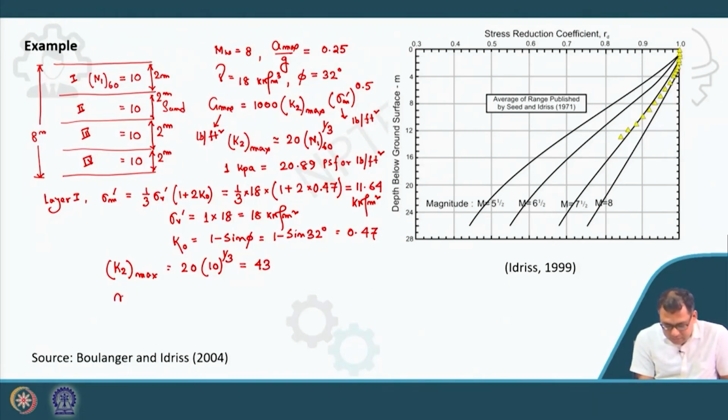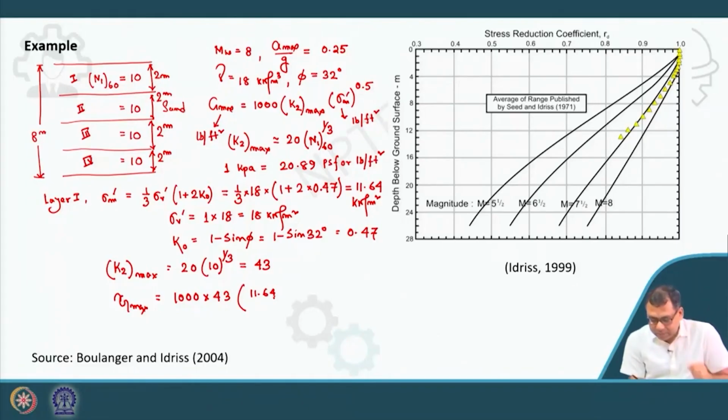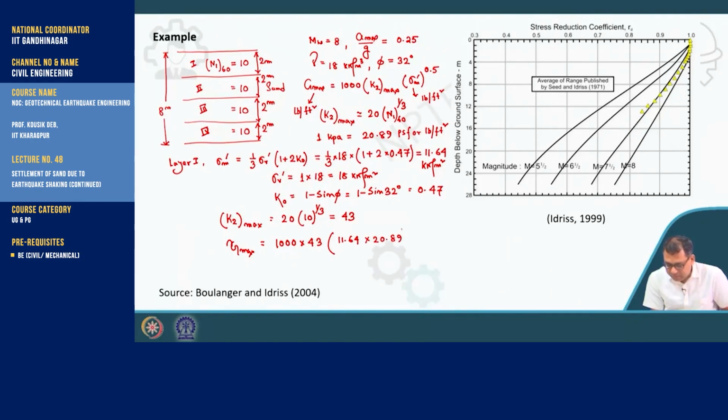So for G max, that is equal to 1000 into K2 max, 43, into 11.64 to the power 0.5. Now 11.64 is in kPa. That will be converted to PSF. I will multiply by 20.89.